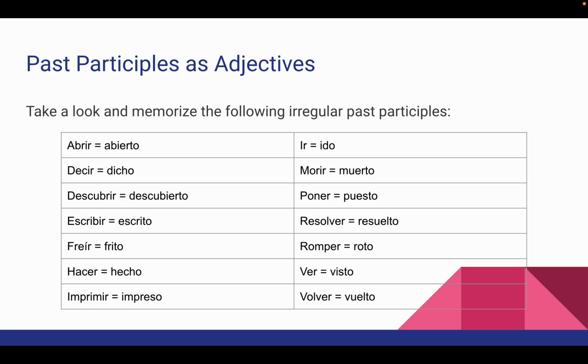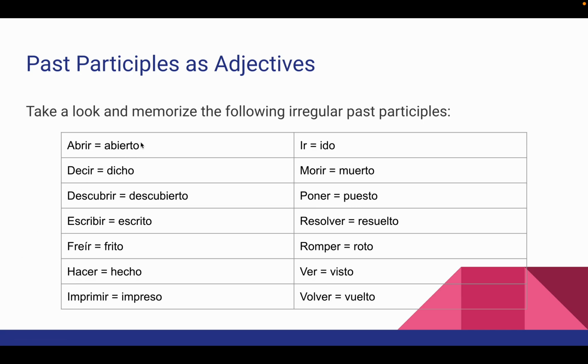So abrir becomes abierto, decir, dicho, descubrir, descubierto, escribir, escrito, freír, frito, hacer, hecho, imprimir, impreso, ir, ido, morir, muerto, poner, puesto, resolver, resuelto, romper, roto, ver, visto, volver, vuelto.